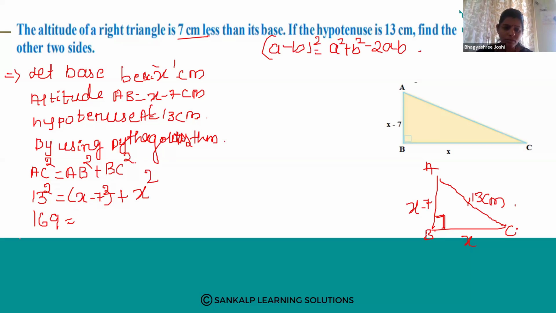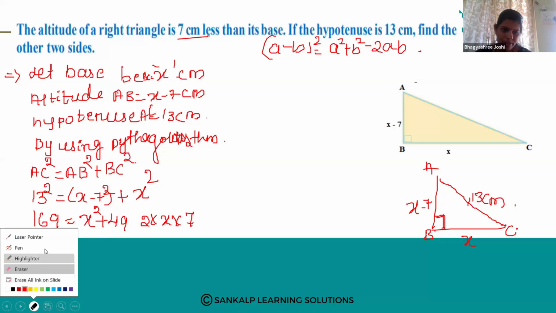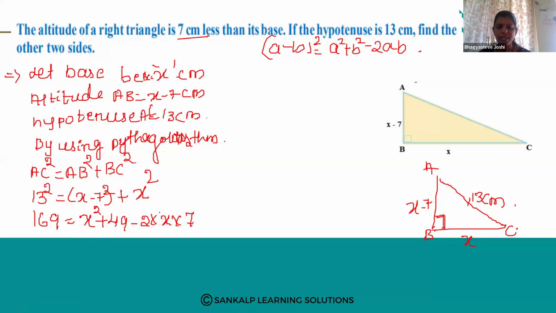Therefore a square is x square, b square is 7 square, which is 49, and minus 2 into a into b, a is x and b is 7. This is not plus, this is minus, sorry. Minus 2x into 7 plus x square.